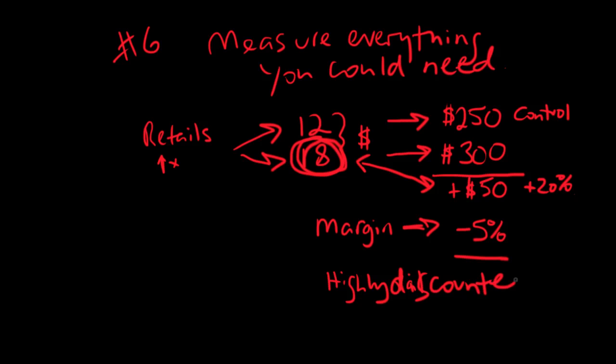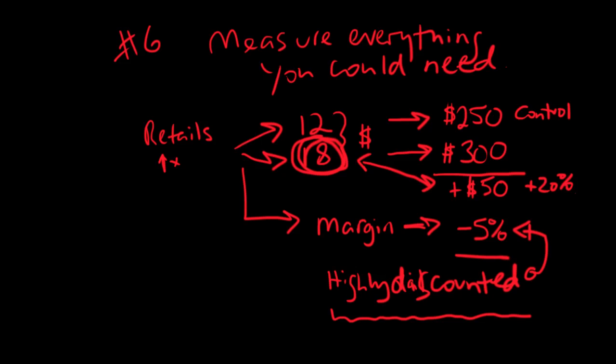So that ended up affecting margin here. Now, what the marketing guys do with that data is another story, but it just illustrates the importance of measuring many different types of data in the experiment.